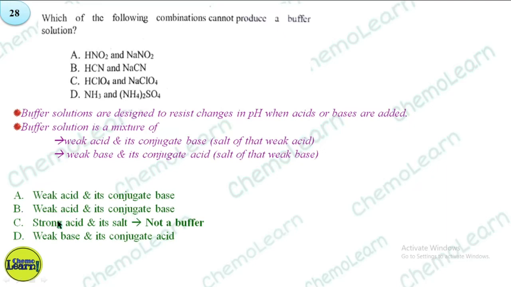But in option C we have HClO4, which is a strong acid, and its salt NaClO4. So it is not a buffer. In option D we have NH3 and (NH4)2SO4, which is a weak base and its conjugate acid. So it is also a buffer. So option C, HClO4 and NaClO4, is the right option.